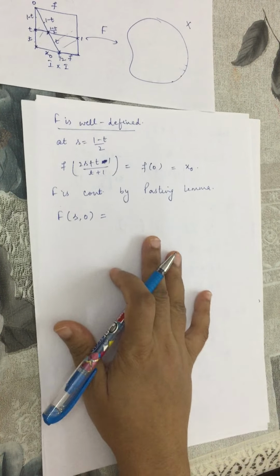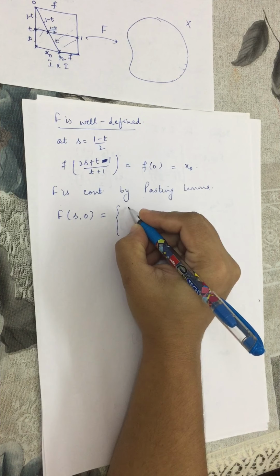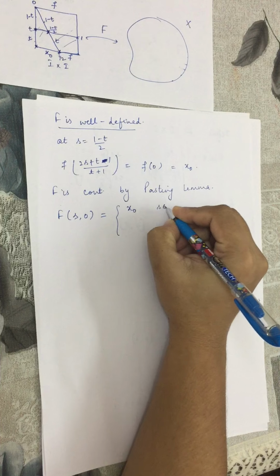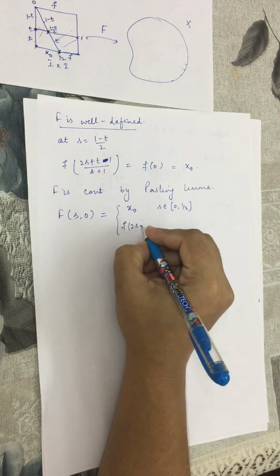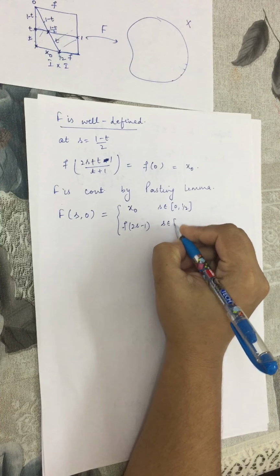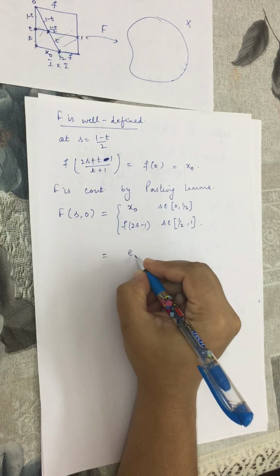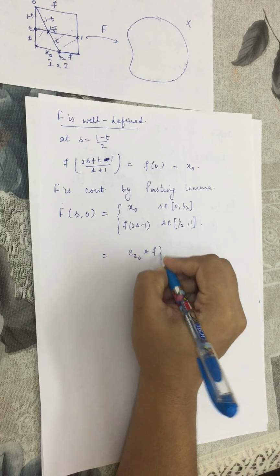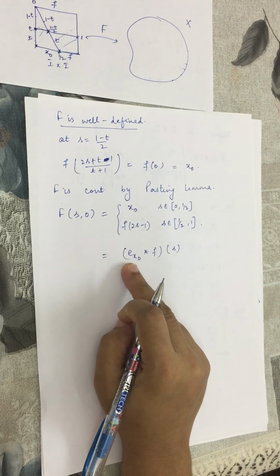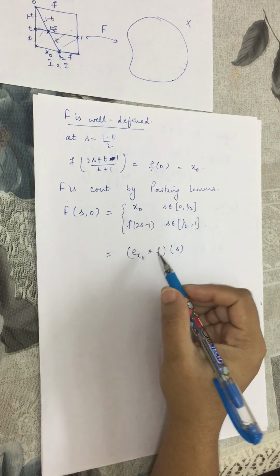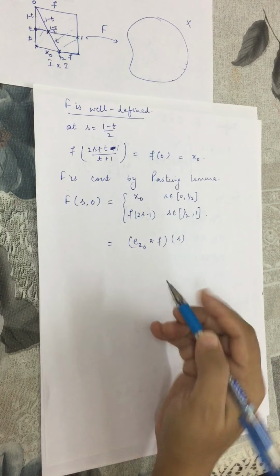So when we put t is equal to 0, from the definition F(s, 0) is x naught for the interval 0 to 1 by 2, and f of 2s minus 1 for the interval 1 by 2 to 1. And by definition it is just e_x0 star f at point s, because e_x0 is a constant path. So e_x0 at 2s is x naught, and f of 2s minus 1 on the rest of half of the interval.